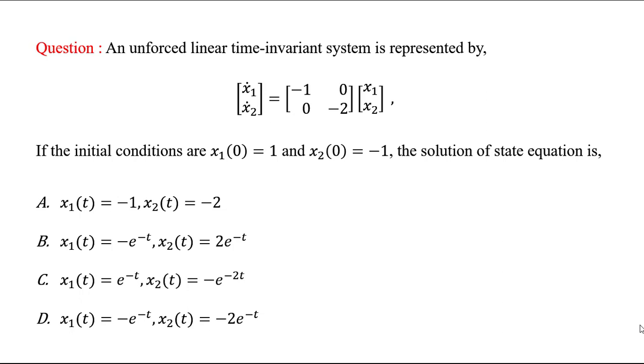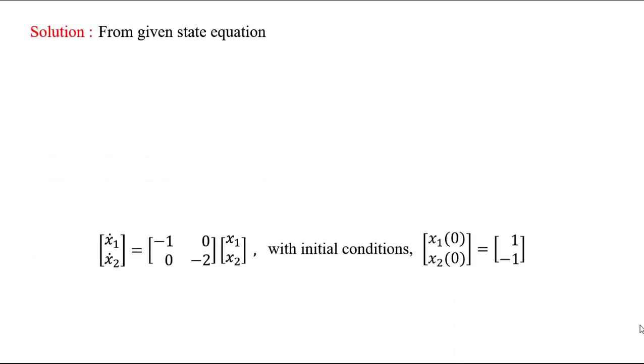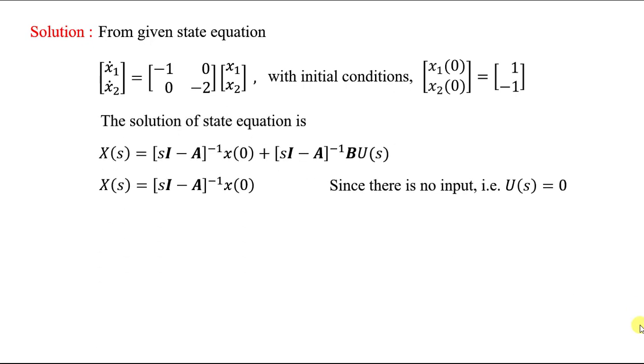Let's see the solution. From the given state equation with initial conditions, the solution of the state equation in Laplace transformation form is X(s) equals (sI minus A) inverse x(0) plus (sI minus A) inverse B U(s).